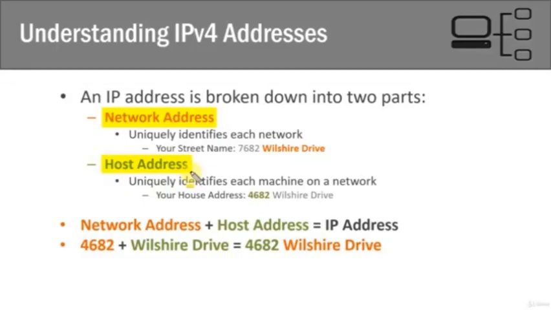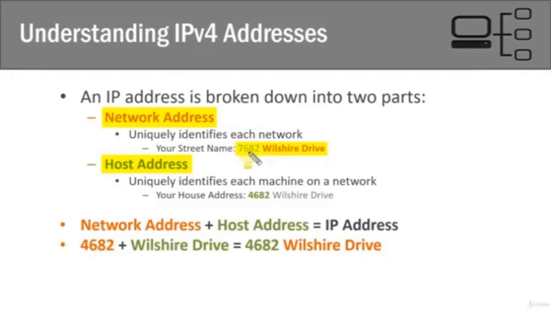For example, let's say that we have a street address of 7682 Wilshire Drive. Well, this address is broken up into two different portions, right? We can think of the street as the network, and we can think of the houses on the street that each have their own number. We can think of that as the host.